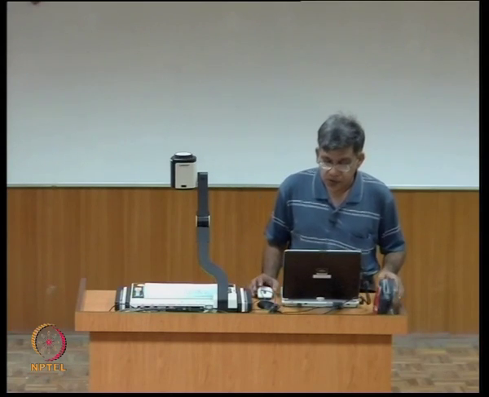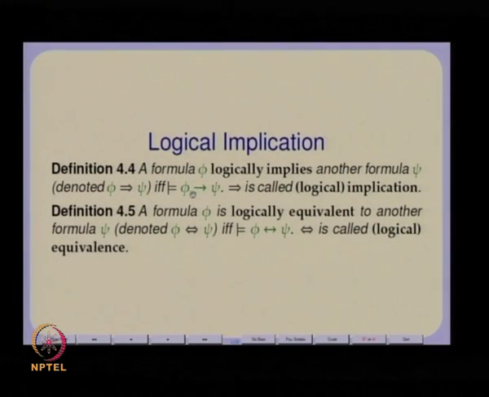So this single arrow is part of the object language. This double arrow is part of the meta language. It is a logical concept independent of truth assignments. In all these logical concepts, we are abstracting away from individual truth assignments.